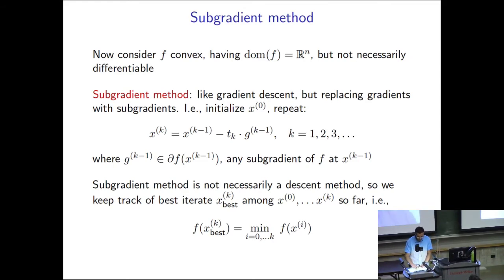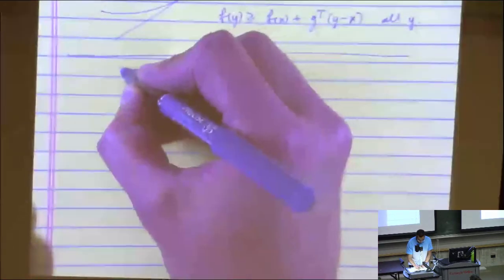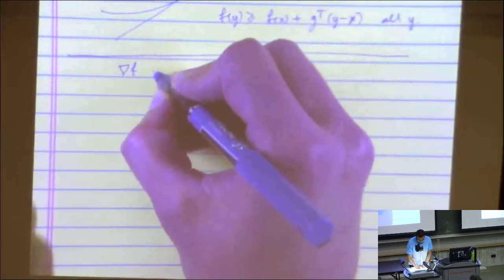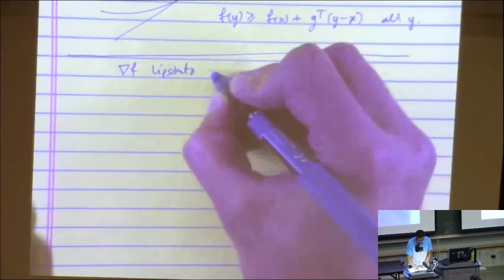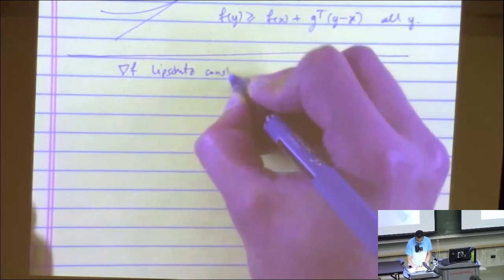It came as part of the proof for gradient descent's convergence rate. There was the following fact, which is that if the gradient is Lipschitz with constant L, then we used the fact that we could upper bound the function by a quadratic.